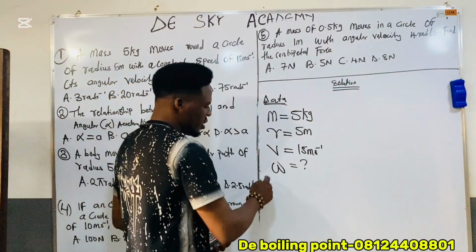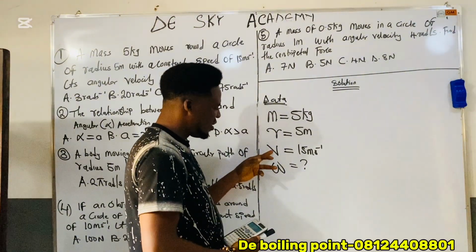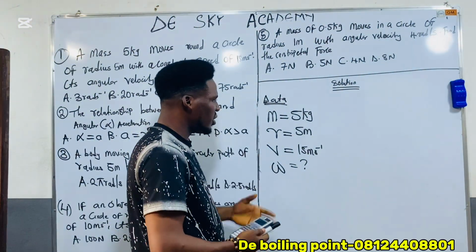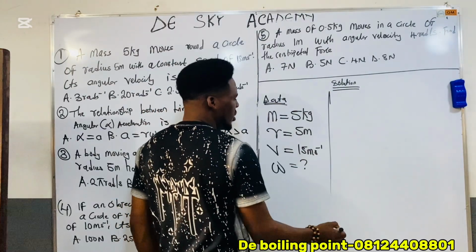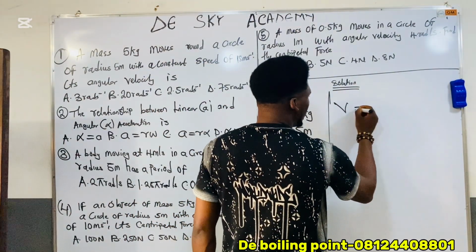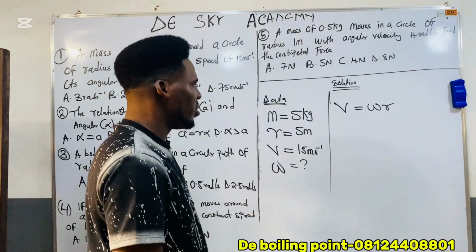This omega is angular velocity, and this v is linear velocity. The relationship is that linear velocity is omega r.